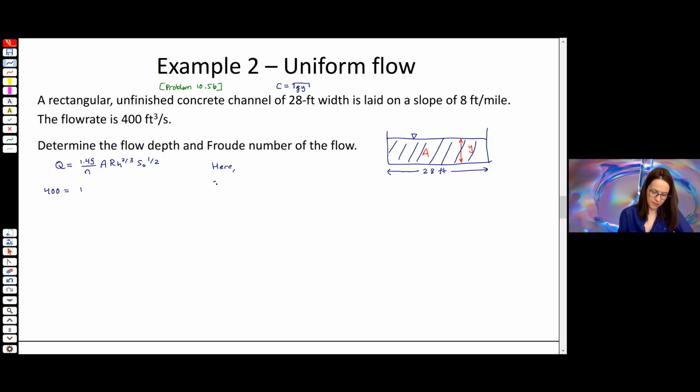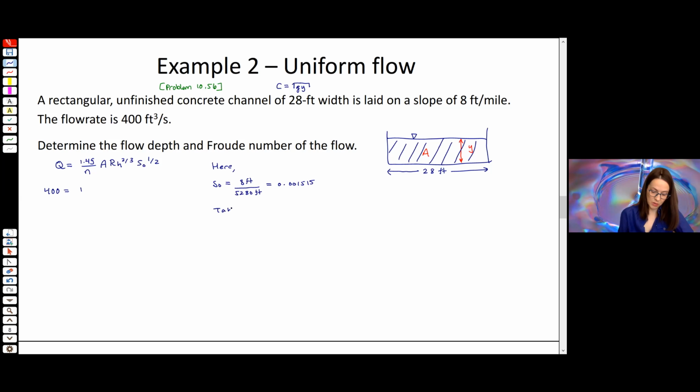Our bottom slope, we're given everything we need to calculate that. It's 8 feet per mile, but 1 mile is 5,280 feet, so our bottom slope is 0.0015.